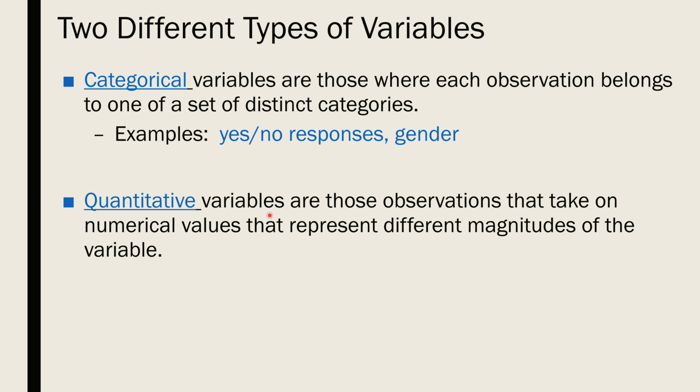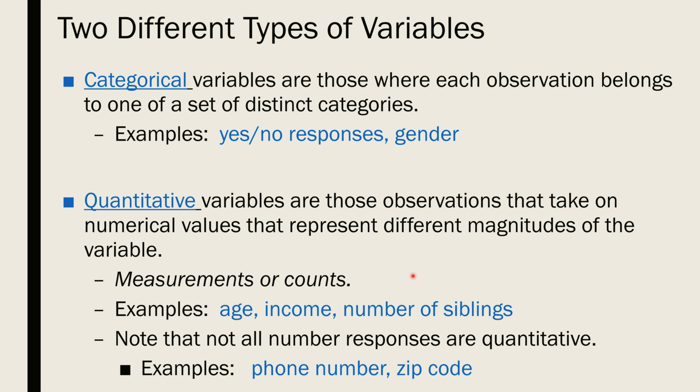Quantitative variables are those whose observations take on numerical values that represent different magnitudes of the variable. For example, measurements or counts are quantitative variables. More examples are age, income, and number of siblings.